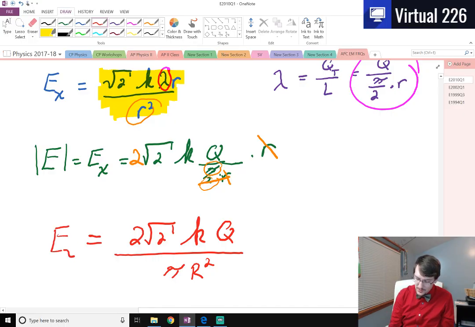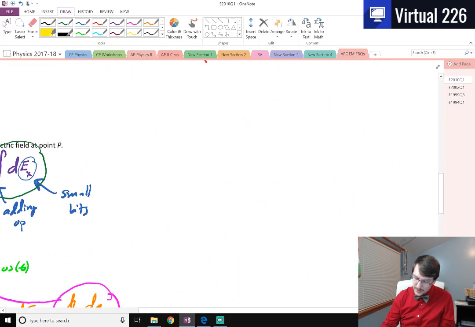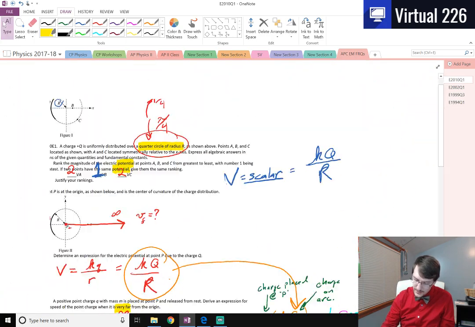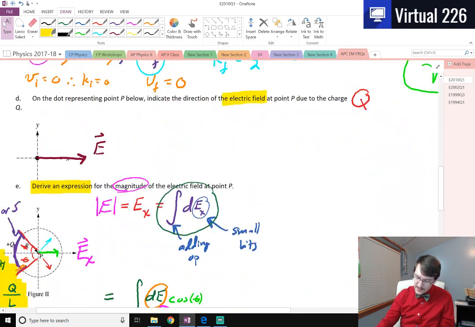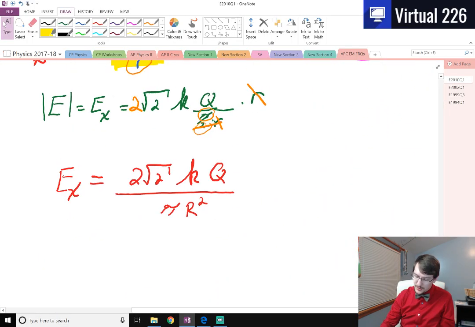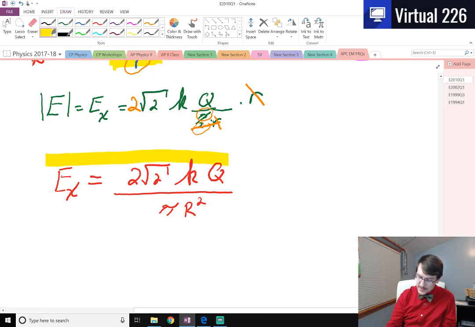Okay? Really, we were done all the way up here. But if you're just looking for this to be written in terms of, and what did they ask for? In terms of the given quantities and fundamental constants, then they're asking for you to put it back in terms of Q, which is done here.